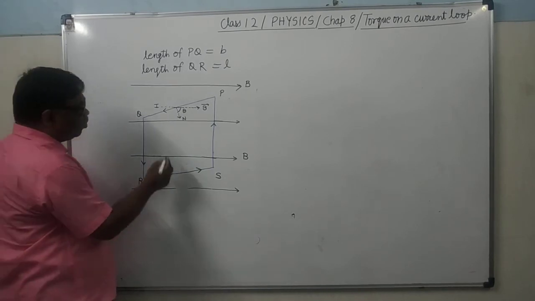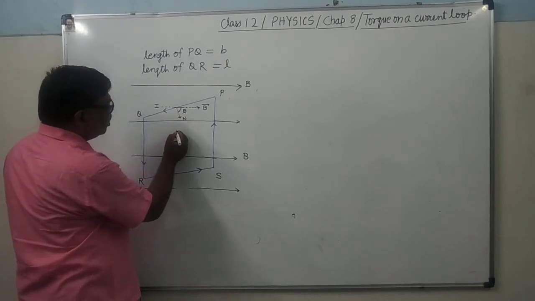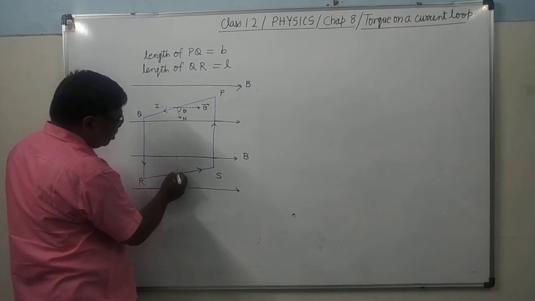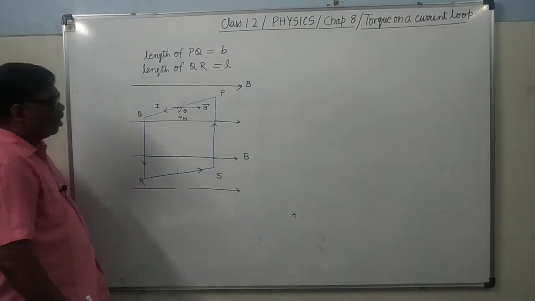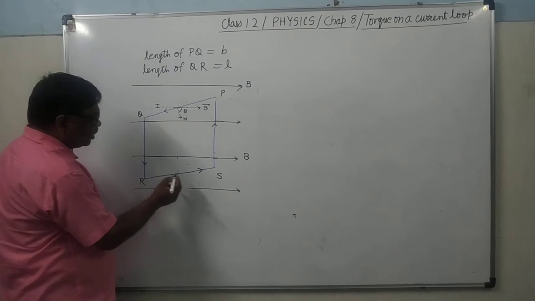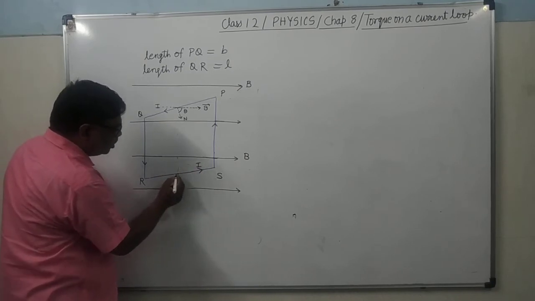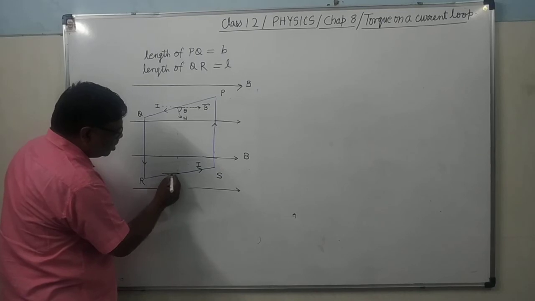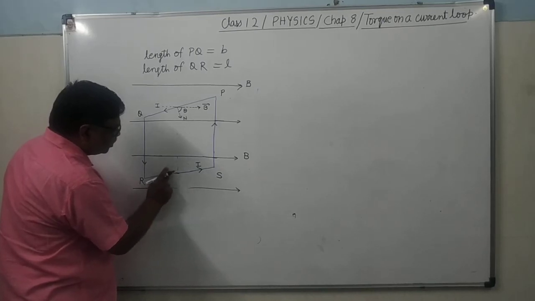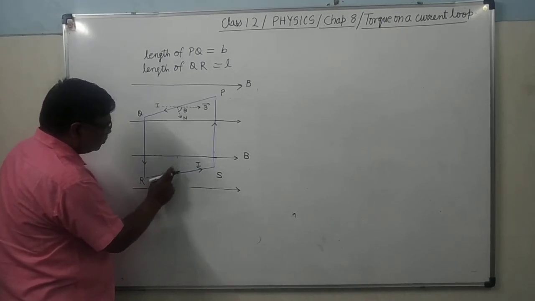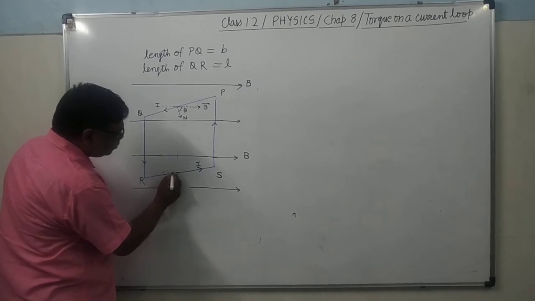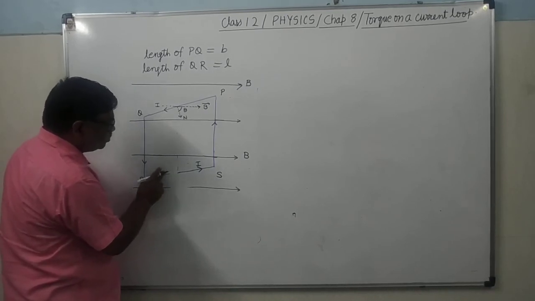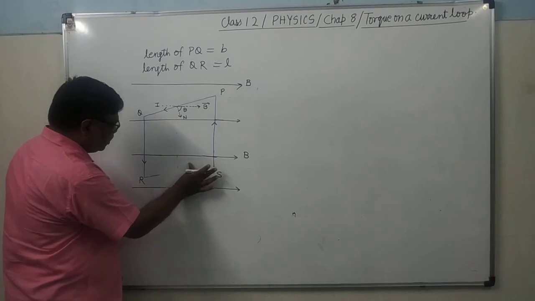Similarly, if you see over the segment RS, current is this, and here magnetic field is in this direction.